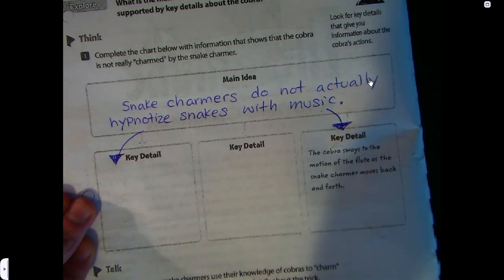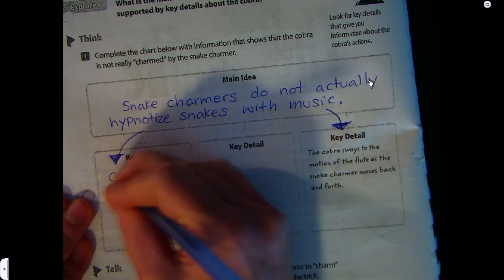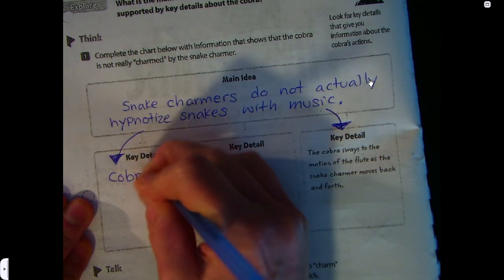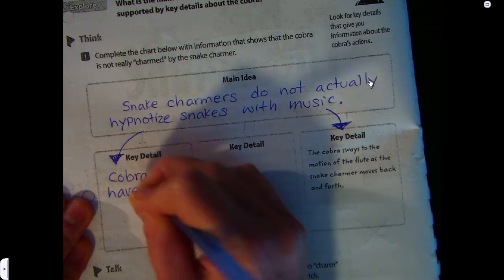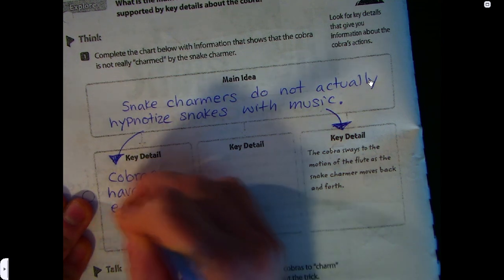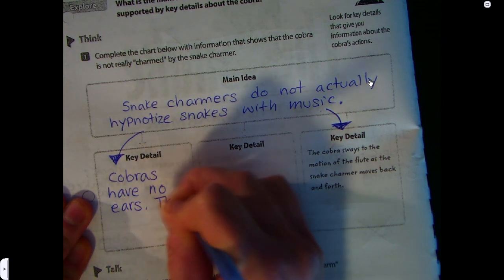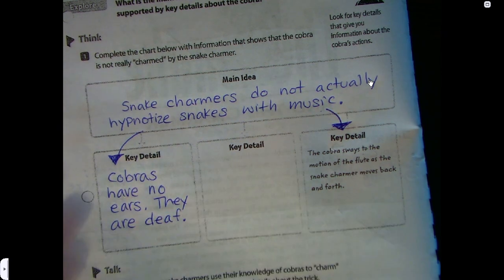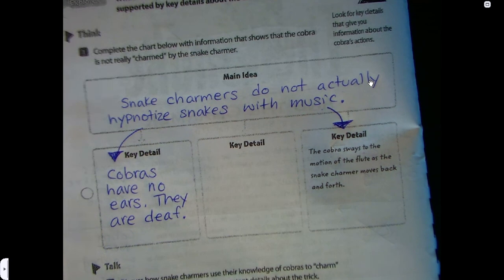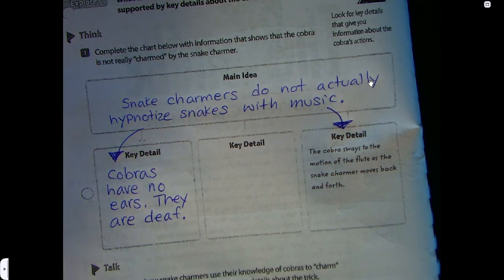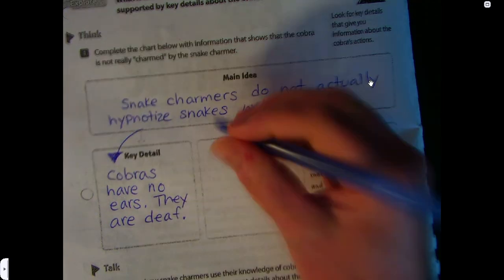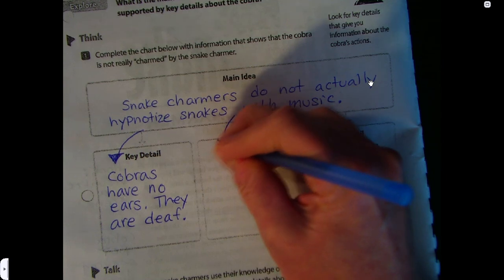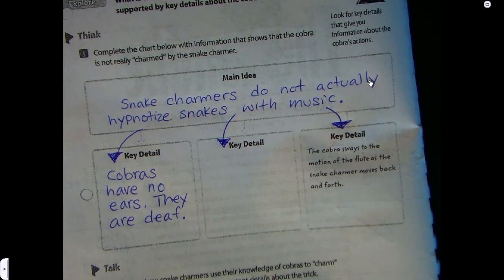Like, how is a snake charmer going to hypnotize a snake with music if the snake can't actually hear the music, right? Okay, cobras have no ears. They are deaf. Okay, so that's a good piece of evidence. We've got two pieces of evidence.